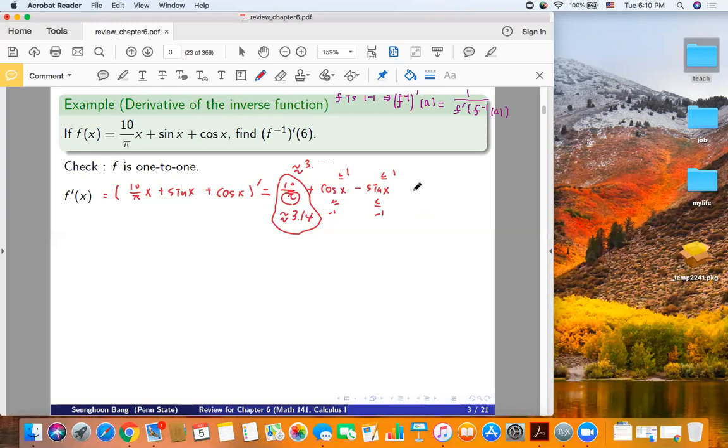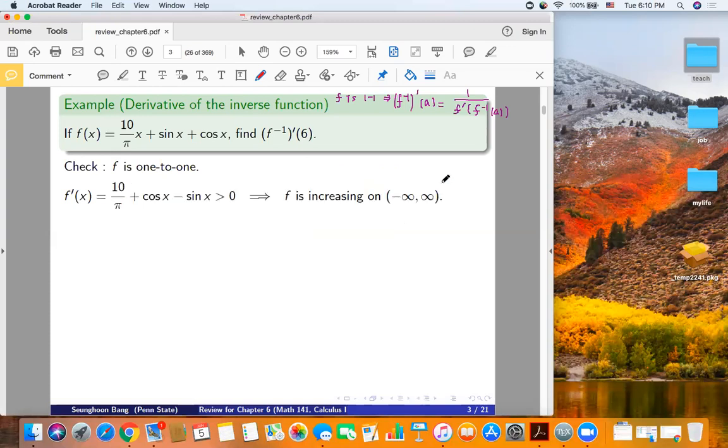So this is always positive. Function f is increasing on negative infinity to infinity, so automatically 1 to 1.